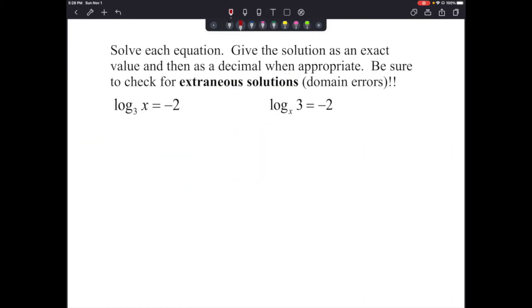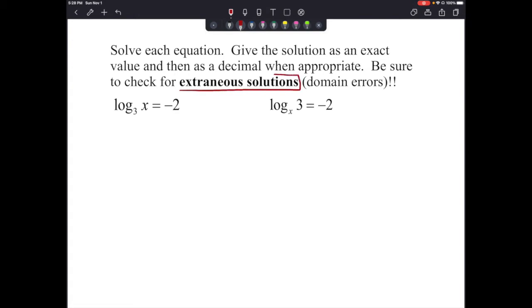So as we go in here to look at solving equations, you'll see it says give the solution as an exact value and then as a decimal approximation. Be sure to check for extraneous solutions.